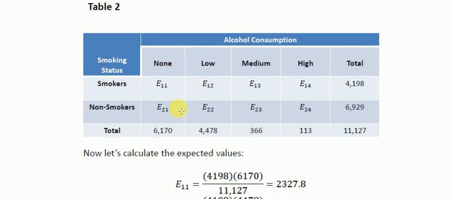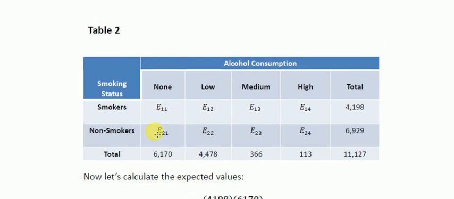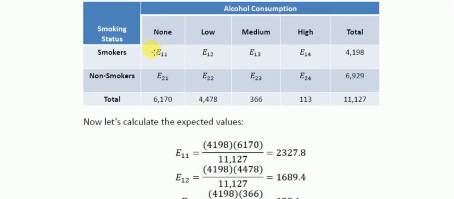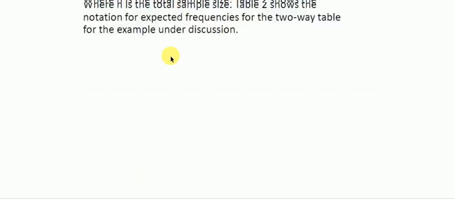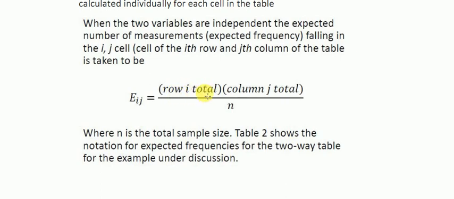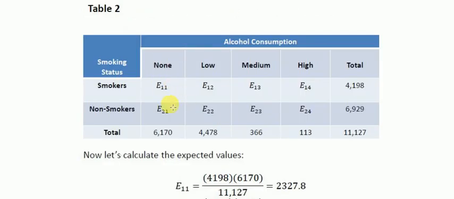So how do we do that? We use this formula as discussed. To calculate the expected frequency for this particular cell, we multiply the row total by the column total, divided by the total sample size. This cell falls in this row, so the row total is 4198.